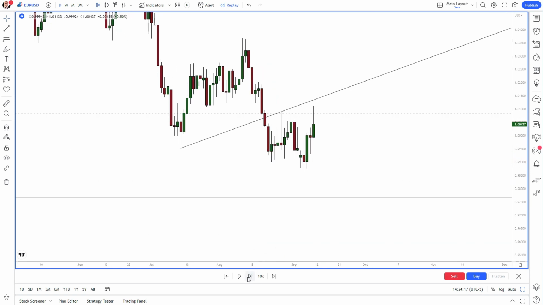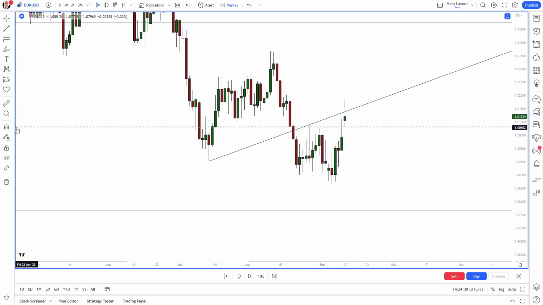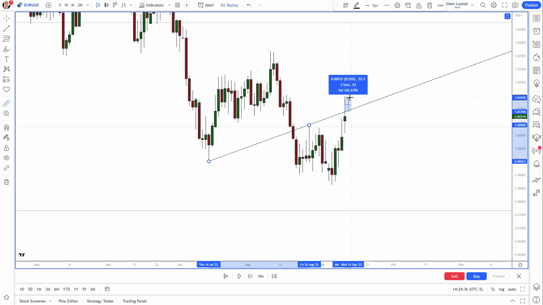Now again, it takes patience because sometimes it takes a few days for the market to reach that level, so you can get long or short on the trade. If I continue on, you can see right here I went short right up here, and my stops are usually about 100 pips.